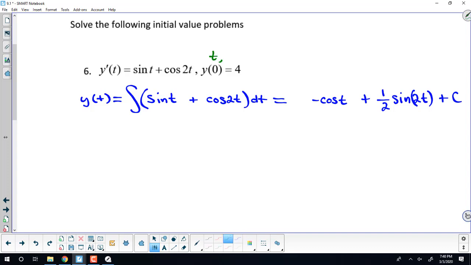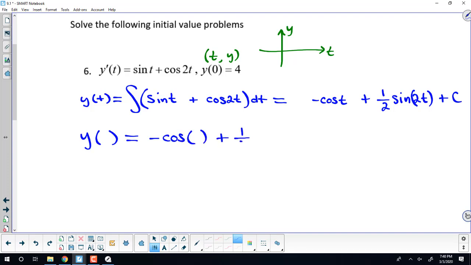These points here in this space are t comma y. So when we evaluate this function at 0, it should equal 4. y of 0 should be 4.